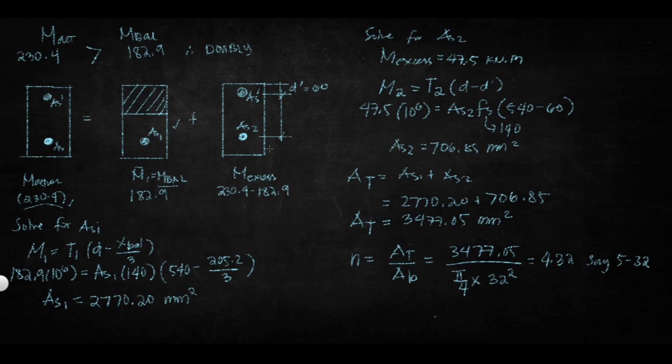So magdadagdag po tayo ng steel area. So we have here, in the compression side, AS prime. Kung merong AS prime, dapat merong kukontra sa kanyang tension, kaya magdadagdag tayo ng additional tension area, which is the AS2. Right? So ano naman yung moment na ikakarga nitong dalawang to?